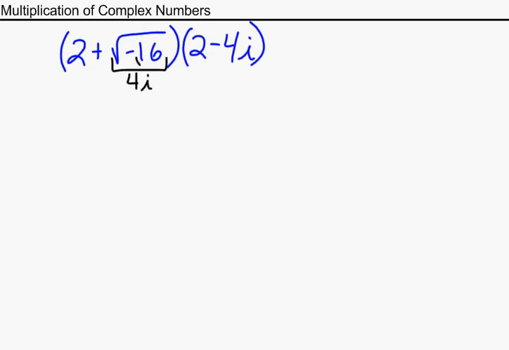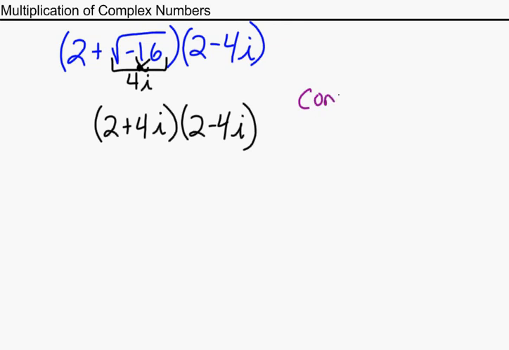The 16 gives you the 4 when I take the square root. So I would rewrite the problem as 2 plus 4i times 2 minus 4i. And I'm going to realize right now that I actually have conjugates, which is going to be very important when we start dividing. But for now, we know that conjugates have middle terms that cancel out. So let's see what that does whenever it's a process involving complex numbers.